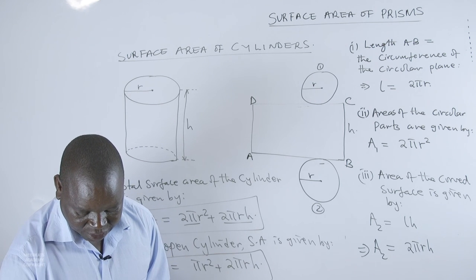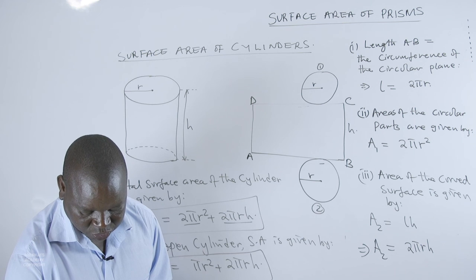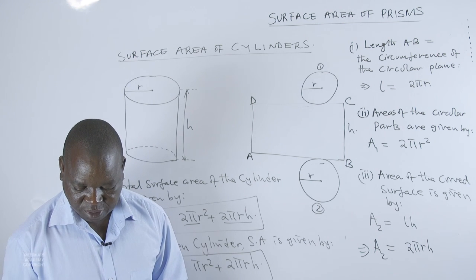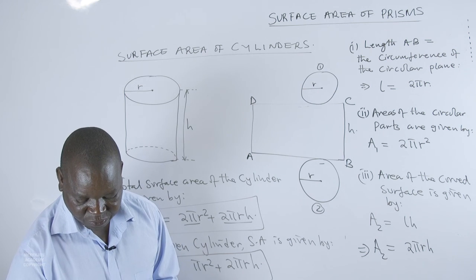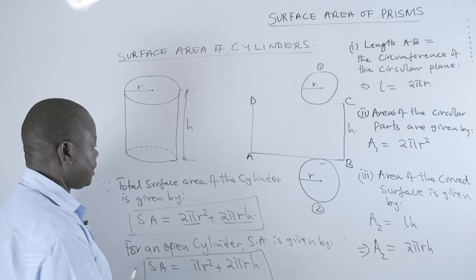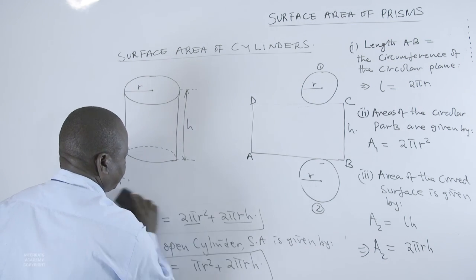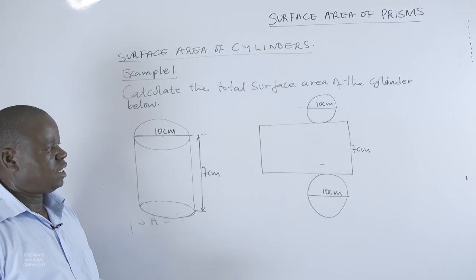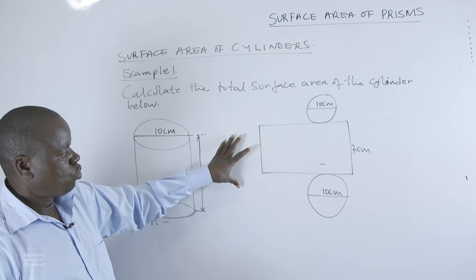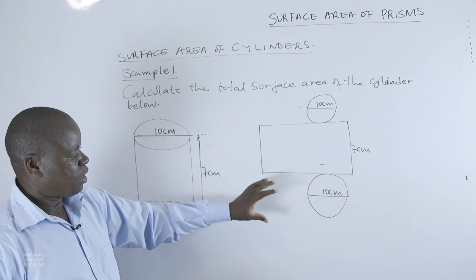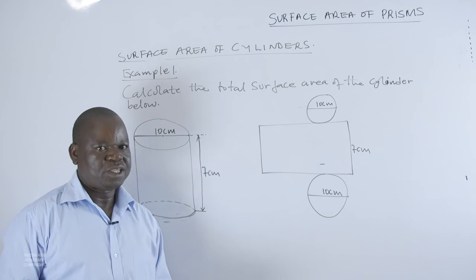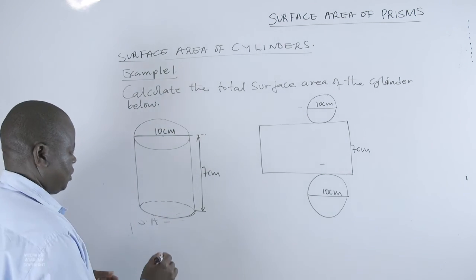And that one we can now use to solve some numerical problems in life. So let's look at one example before we end. It is important that we open the net of that particular cylinder and then we do the mathematical substitution using the formula that we have derived.